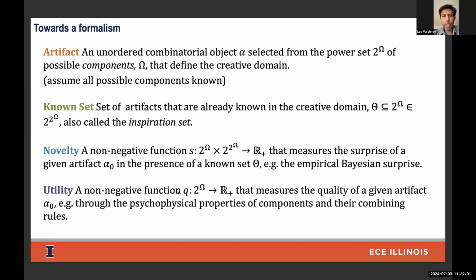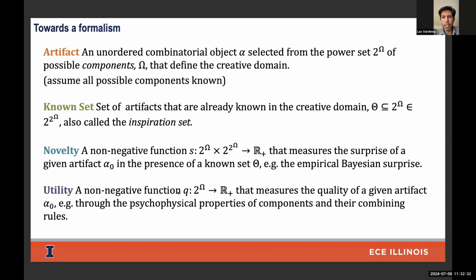And then we can think of a known set, or an inspiration set, of things that are already created in the creative domain, and that is a subset of 2 to the 2 to the omega. So, the set of artifacts that are already known. There's a non-negative novelty function that goes from artifacts and the inspiration set to the positive reals. So it's saying how novel is this new artifact given what we already knew.